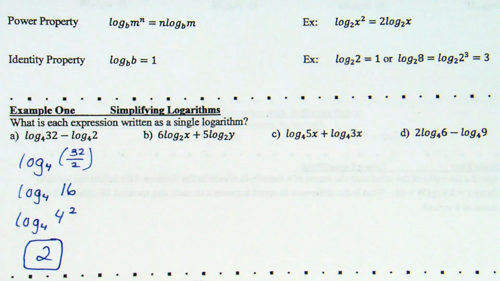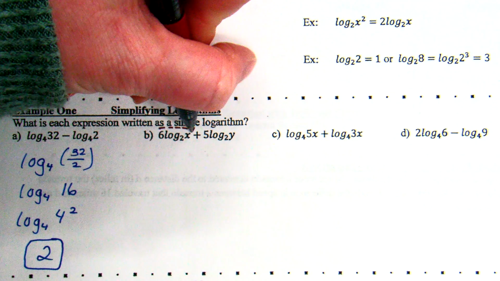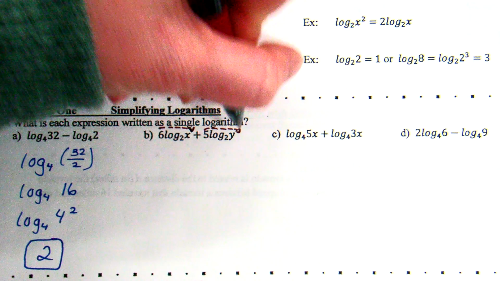So power property says this 6 can move and become the power on the x. The 5 can move and become the power on the y.